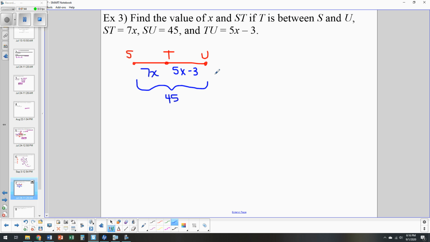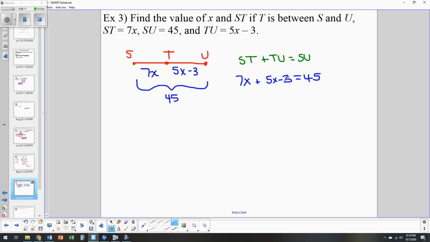So we can use the segment addition postulate. We can make an equation where ST plus TU equals SU. And I can substitute in ST is 7x plus TU is 5x minus 3, and SU is 45.